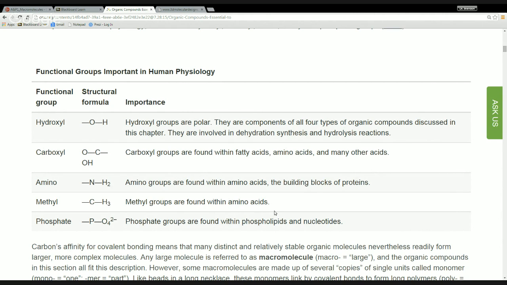So a methyl group is a carbon with hydrogens attached to it that is part of a larger molecule. What that means really is that carbon can make 4 bonds, and so one of those bonds is going to be back to the rest of the molecule, and so the other 3 are hydrogens.